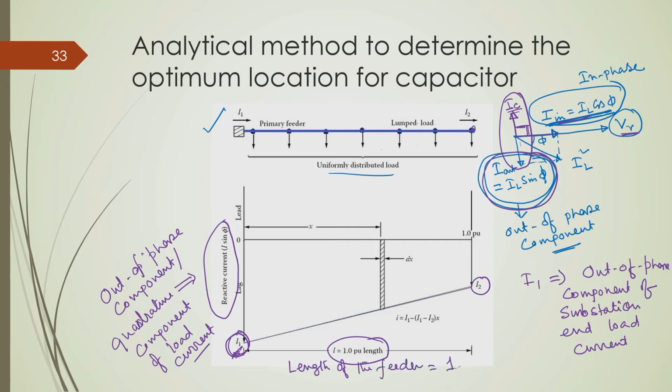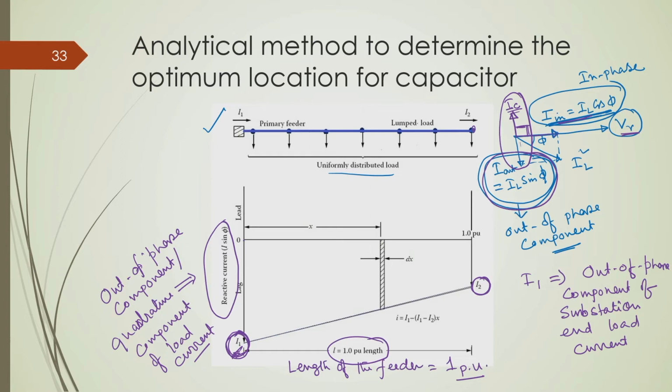Now, you can see at the substation end, obviously this load current will be higher, so its quadrature component would be higher, and at the distant end the load current will be at the least value, and so will the quadrature component.